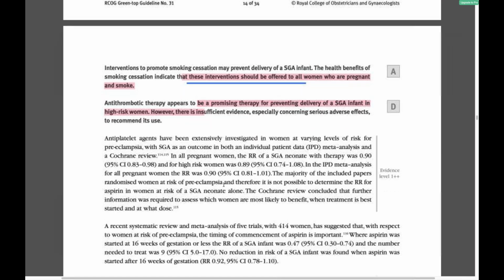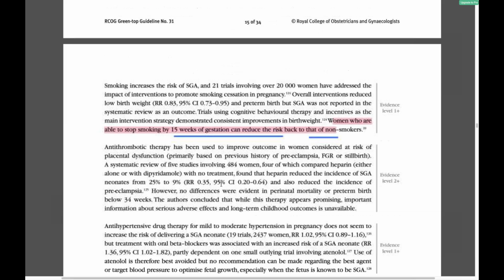If the woman has stopped smoking by 15 weeks of gestation, then the risk can be reduced back to that of a non-smoker. Maybe you will get a question from here. If they stop smoking by the 15th week of gestation, then the risk of SGA from smoking will be like normal.